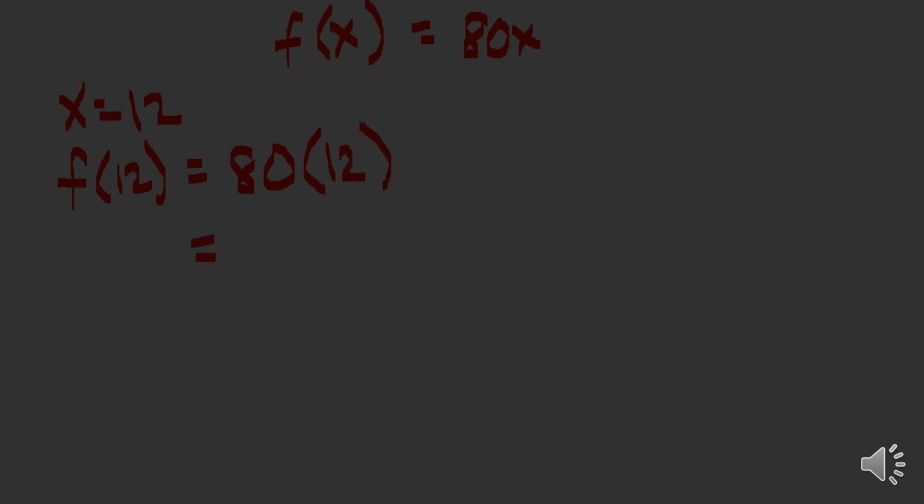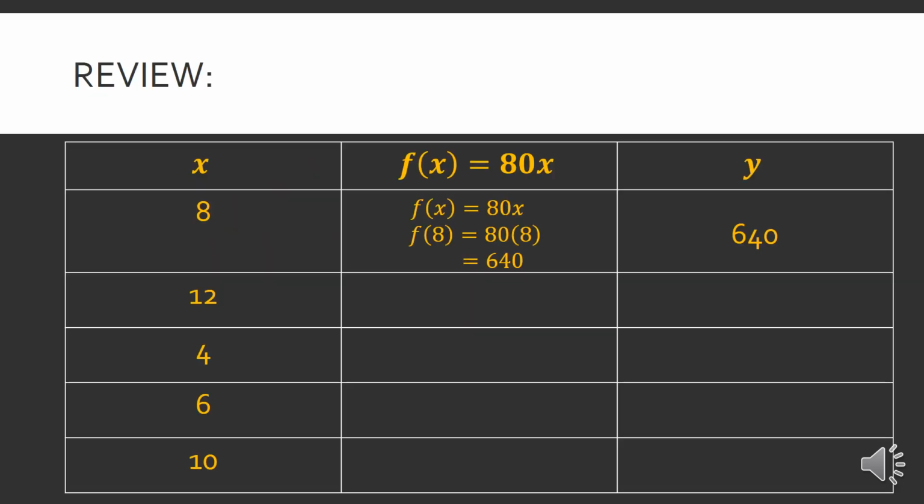And 80 times 12 is equal to 960. So if x is equal to 12, f of 12 will be equal to 80 times 12, y will be equal to 960.